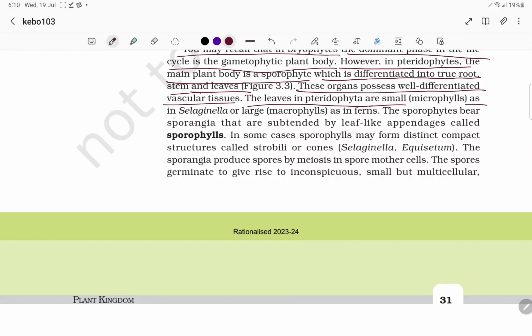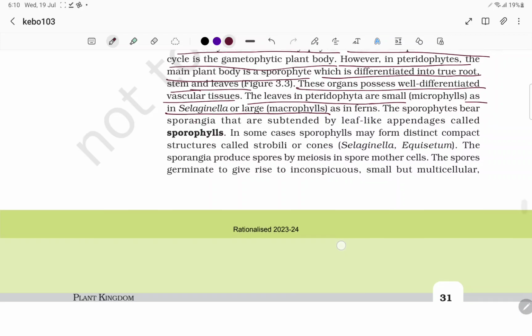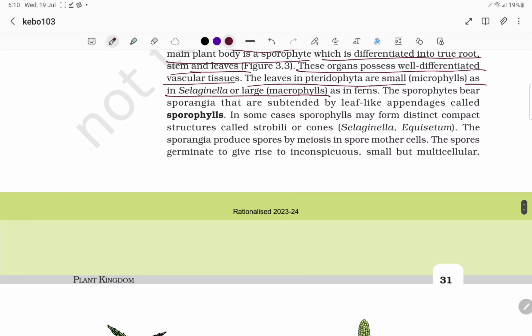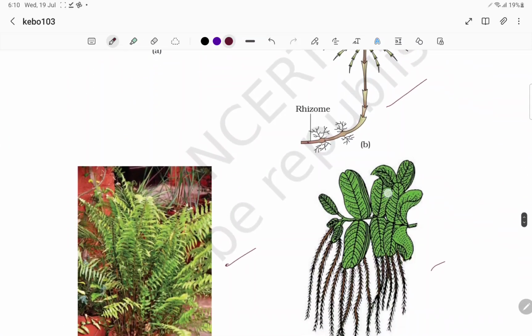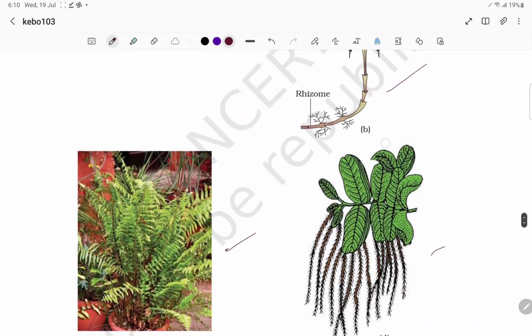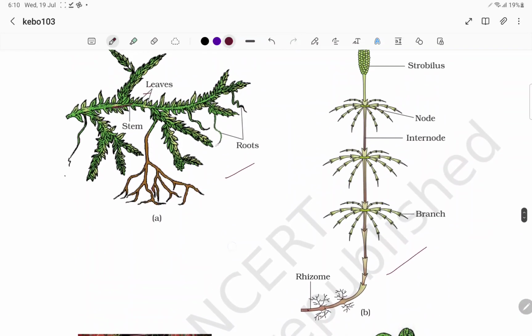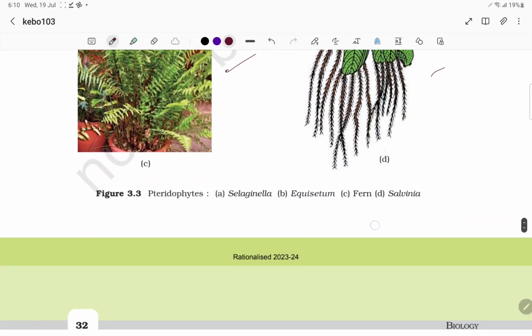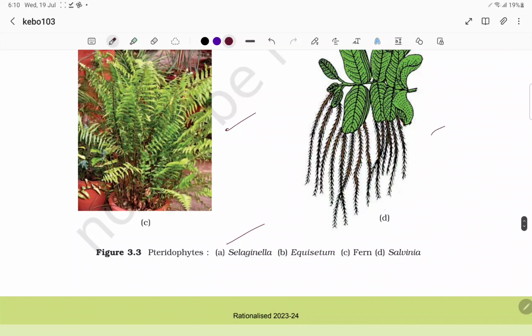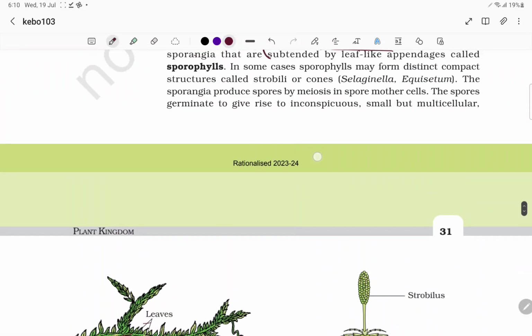In ferns, you can see the leaves are large, macrophyllous. You have to understand that Selaginella is microphyllous, while ferns are macrophyllous.